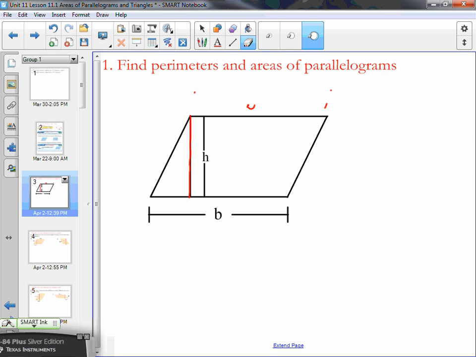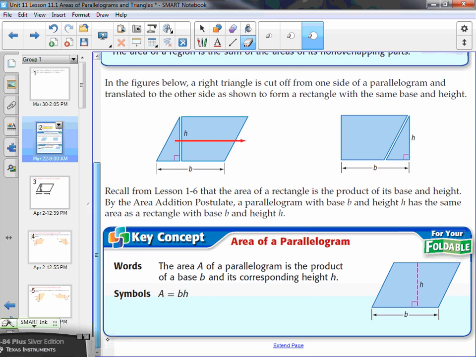So, back to this. The area of a parallelogram is the product of a base B and its corresponding height H. So, the base and the height must be perpendicular to each other. The base can be any of the sides. But once you've decided what the base is, the height must be perpendicular to it.